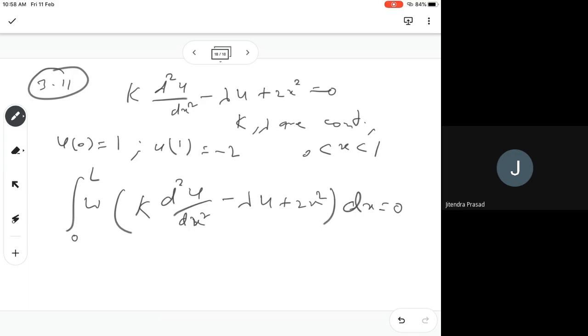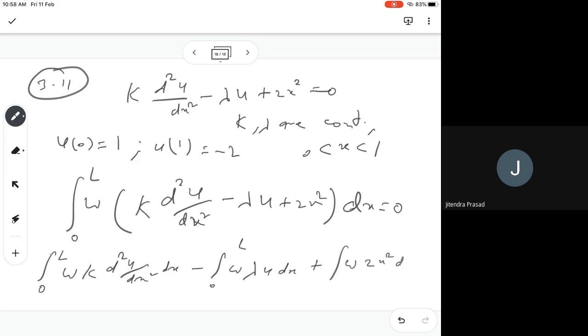Once you have that, you expand it, since you have learned the process. So integral 0 to L of W k d square u dx square dx, minus integral 0 to L of W lambda u dx, plus lambda times 2x square dx, is equal to 0.